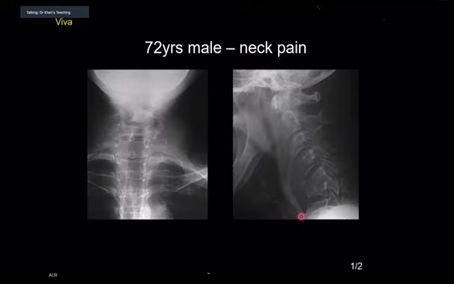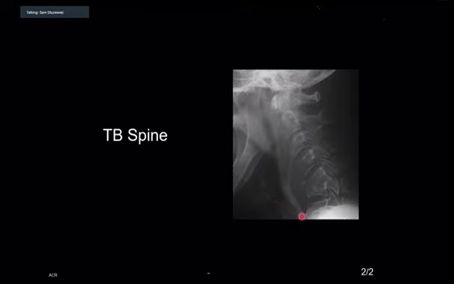So this is TB of the spine. With TB, I initially thought about it, but the discs are usually preserved early on and it starts in the body. Do we not get destruction in TB?